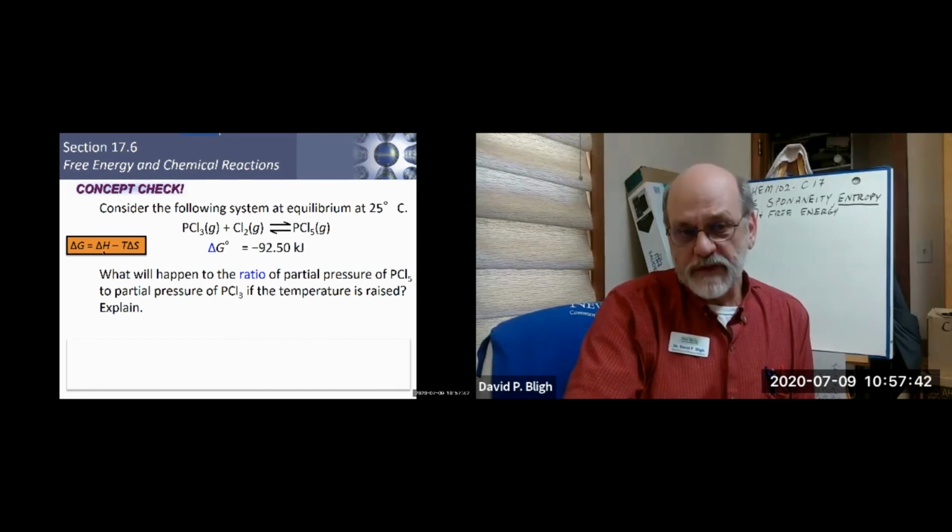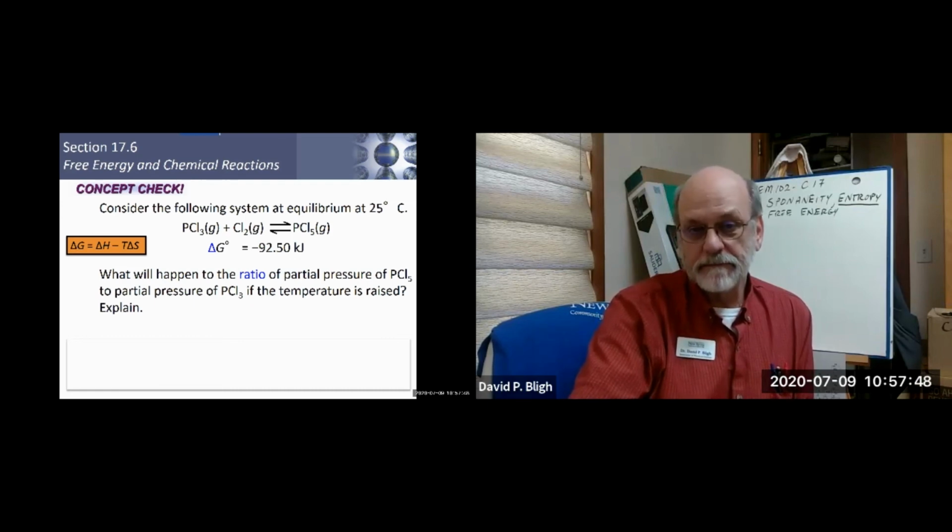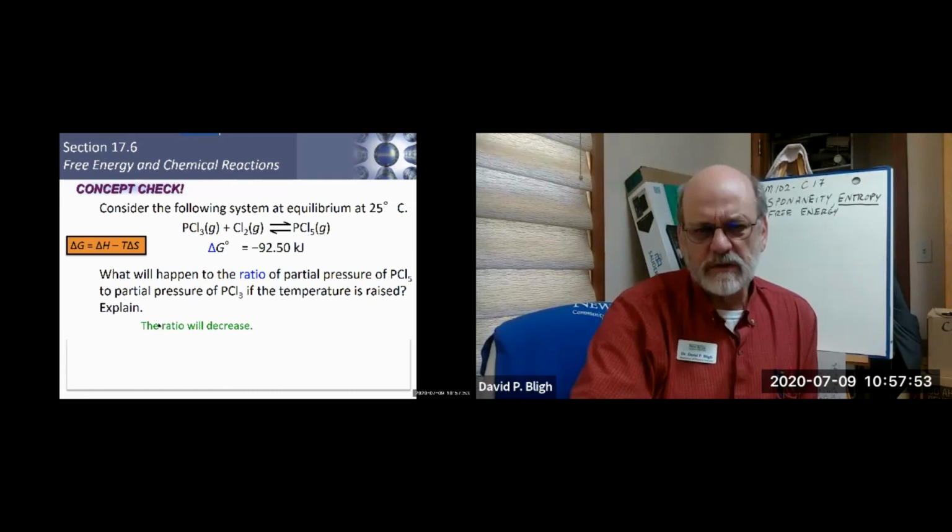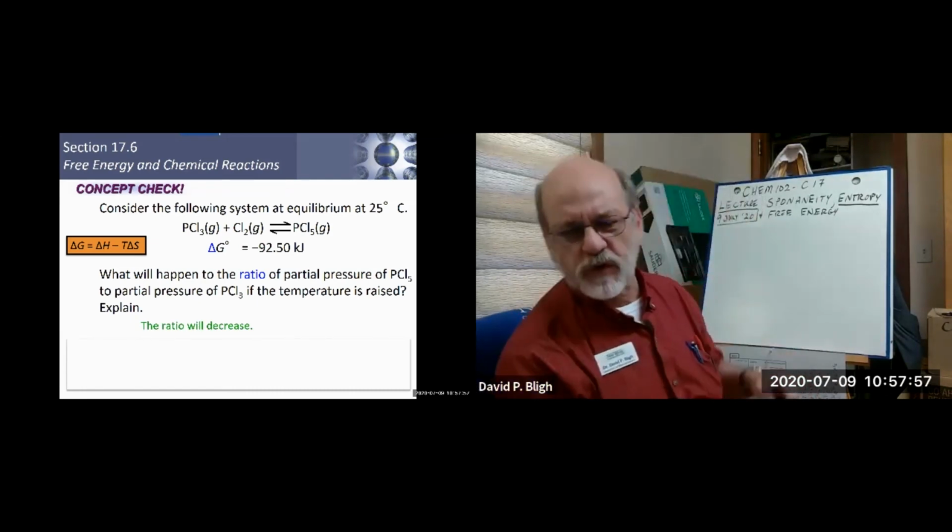We know from this equation that this is negative, so it's spontaneous. But do we need that to talk about the partial pressures? That's the question. So what would the ratio look like?